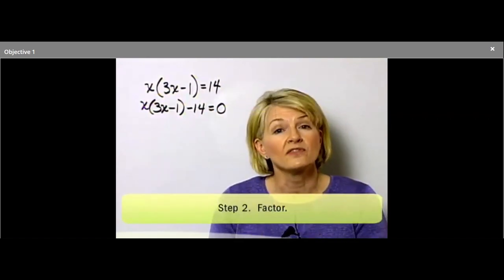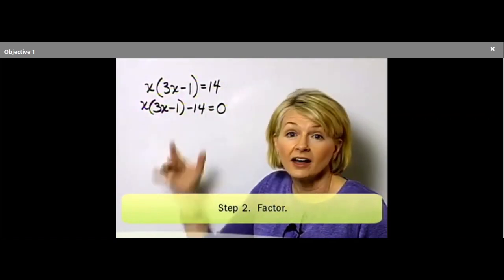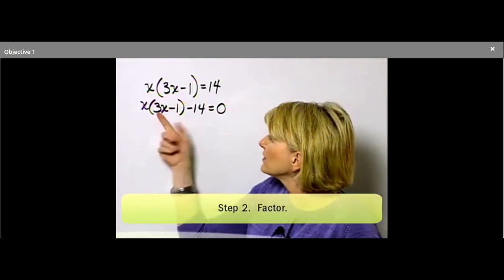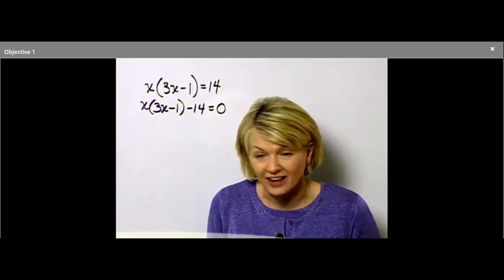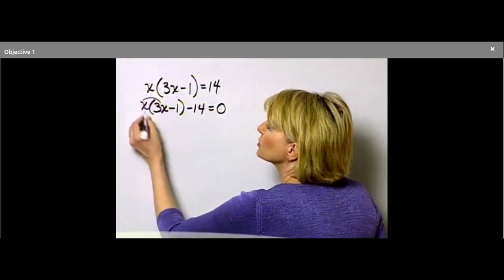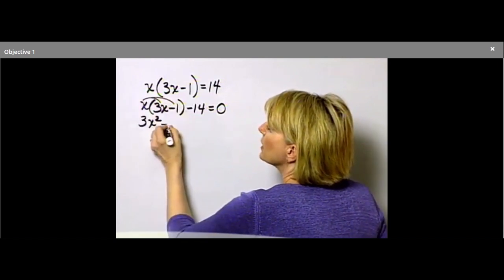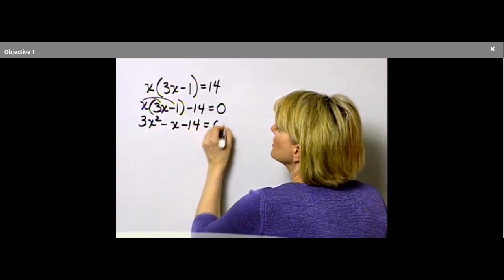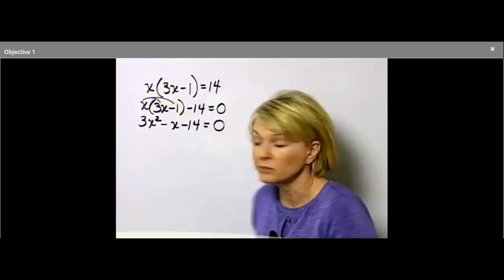Then we want to factor the resulting polynomial on one side if it does factor. Now, first of all, let's multiply and see what we have, and then we can try and factor. X times 3x, that's 3x squared, minus 1 times x is x, minus 14 is equal to 0. So let's try and factor this trinomial.